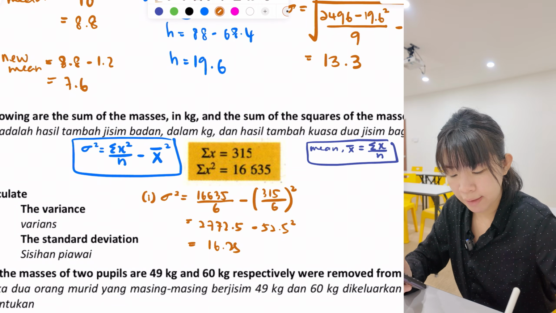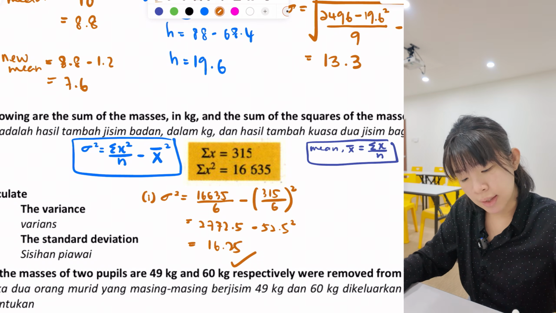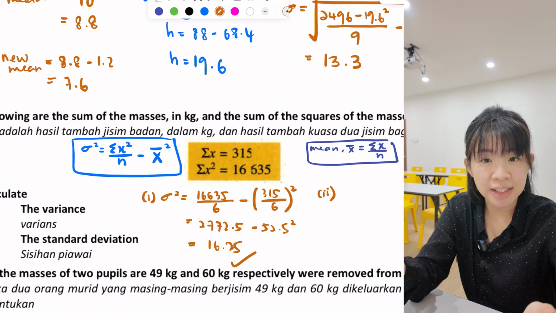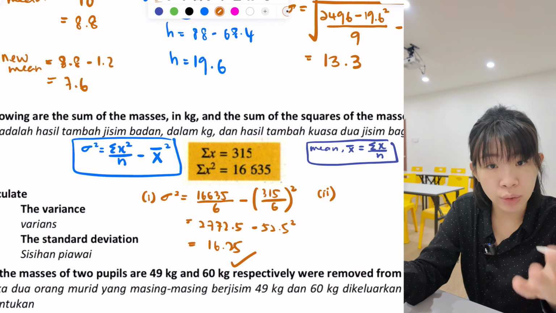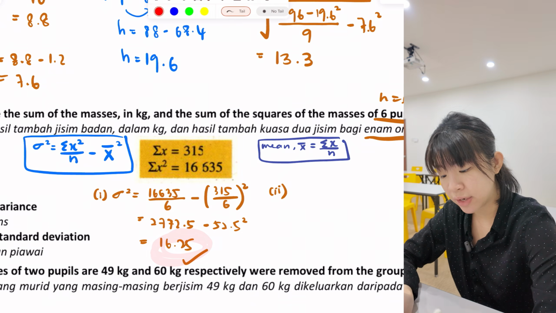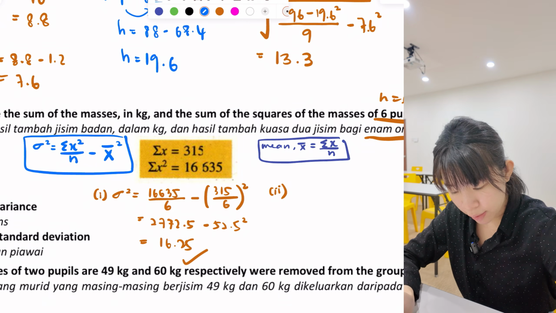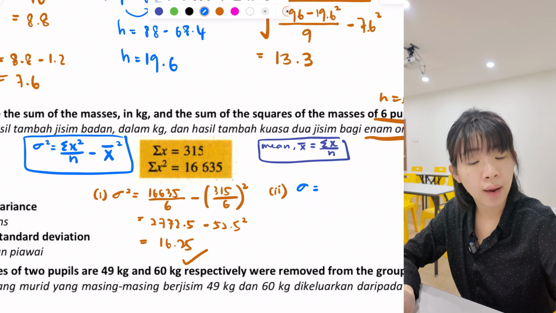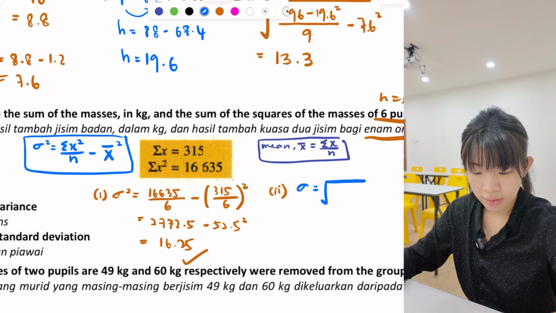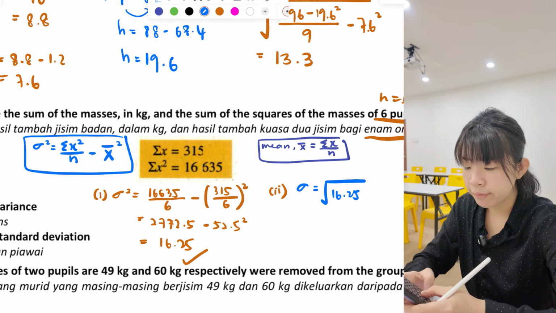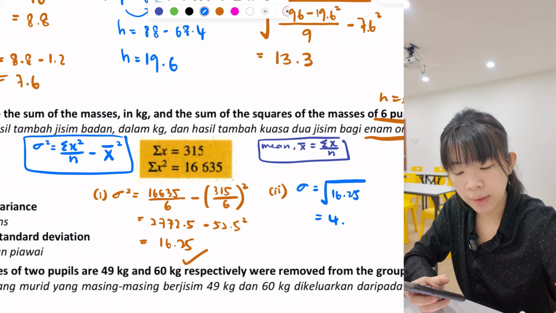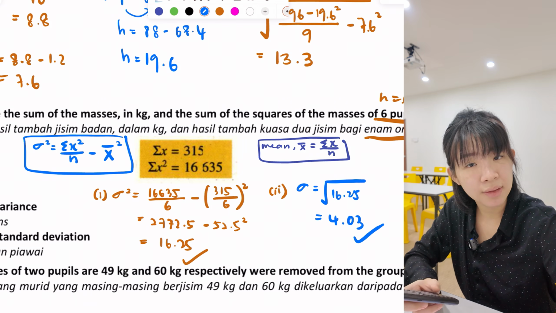Done, this is variance. Part 2, we need to find standard deviation. The difference between variance and standard deviation is one is without square root, one is with. The symbol of standard deviation is without the square. So we just square root the variance, 16.25, and that is standard deviation (sisihan piawai). We get 4.03. Done.